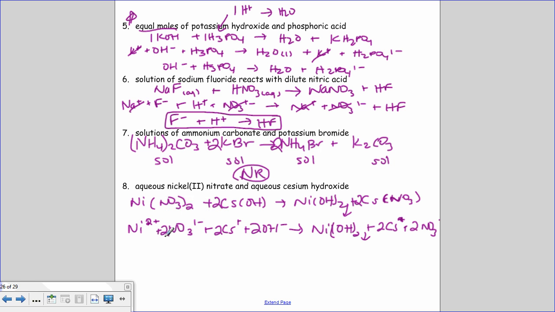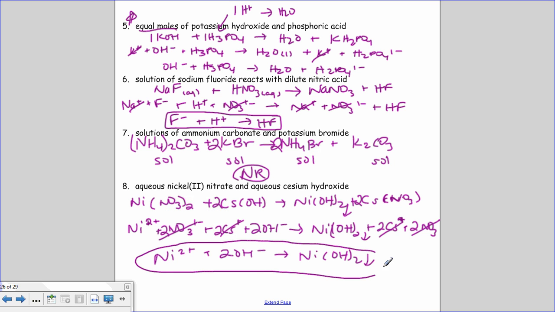You see here that the 2 nitrates are spectators, 2 cesiums are spectators, leaving us with Ni2 plus 2 OH minus, yielding nickel 2 hydroxide. Okay, so there's our final answer on this one. Just know your hydroxide rule.